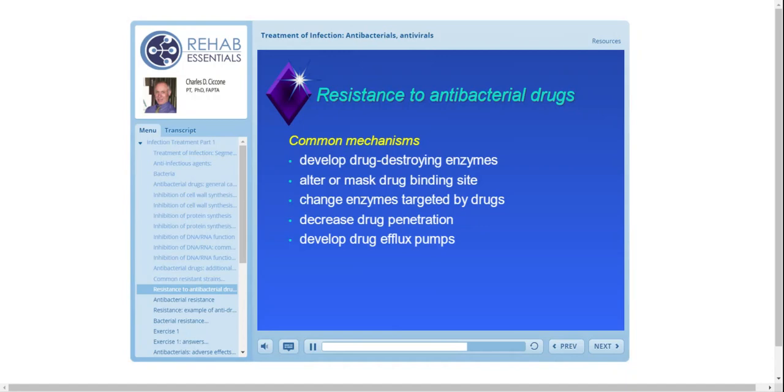And a common one is that the bacteria develop pumps to allow the drug to come in and then kick it right back out again, almost like a revolving door on the surface of the bacterial cell. So the drug spends all of its time coming in and being thrown back out, and it never actually has an antibacterial effect. So these are just some of the common mechanisms that can occur as part of the mutation that leads to resistance.